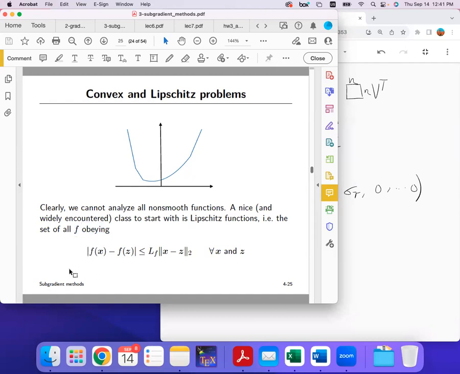This basically says that the function changes slowly, governed by a certain constant, the Lipschitz constant. For any x and z, the difference in function value can be bounded by the distance between the variables up to a constant.